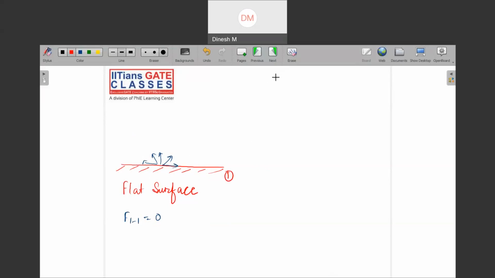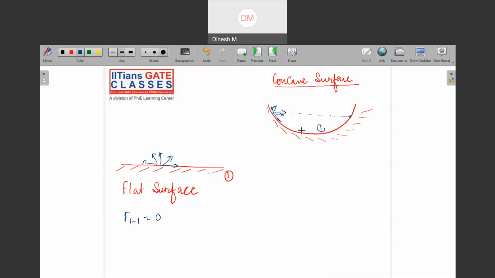Again, let us draw another example. Let us say that I am trying to draw a concave surface. Then what happens in this concave surface? If this surface is emitting radiation, can you see that there can be instances where these radiations will travel to this surface again?